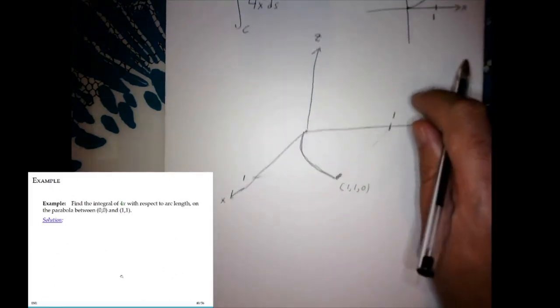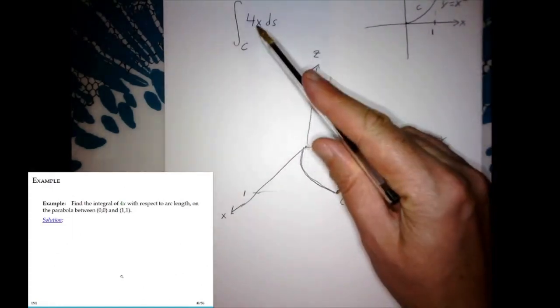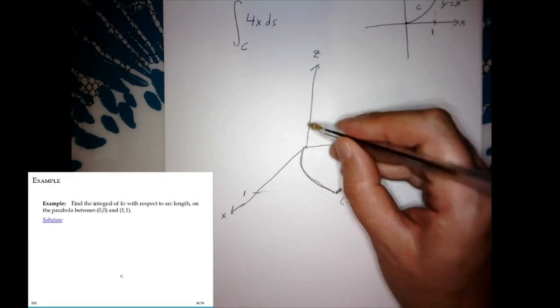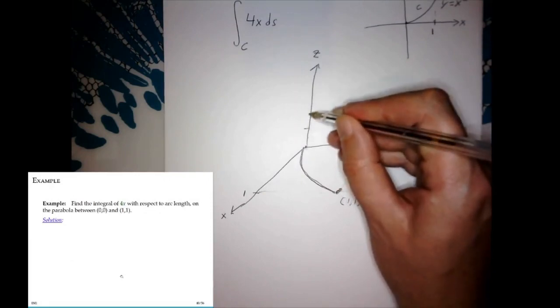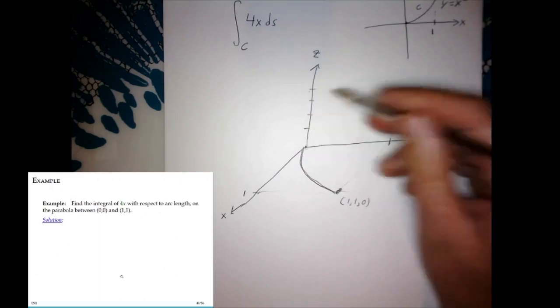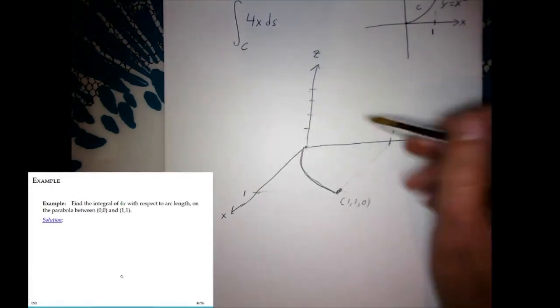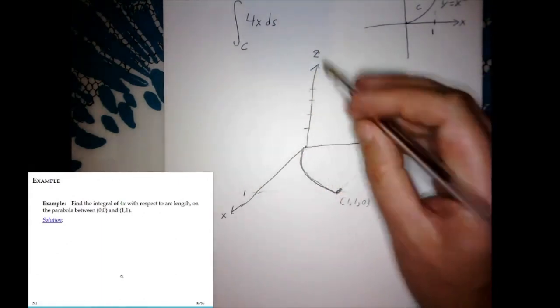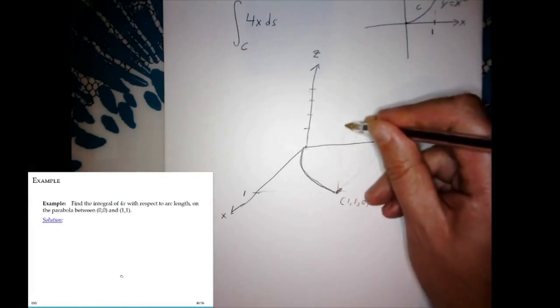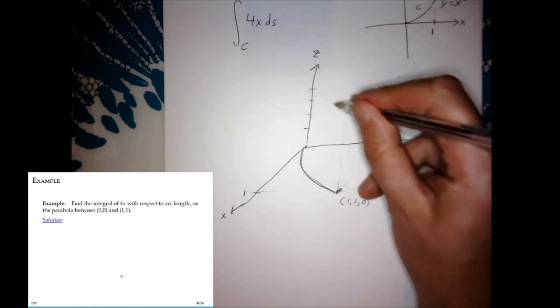And then 4x here, think of as being the height above the xy plane along this curve. So we have 4. Obviously the scale on the z-axis is different than on the xy axis because we need to fit in 4. So it's up to 4 here.